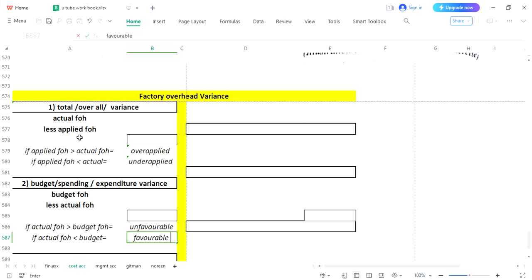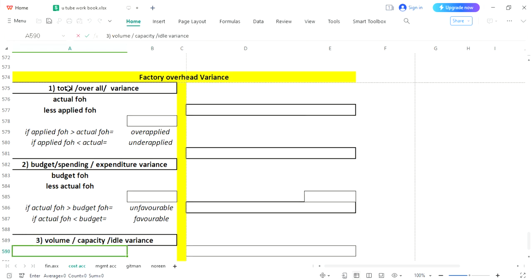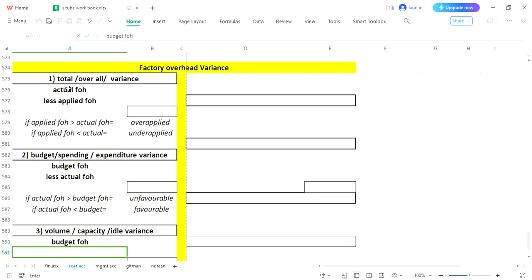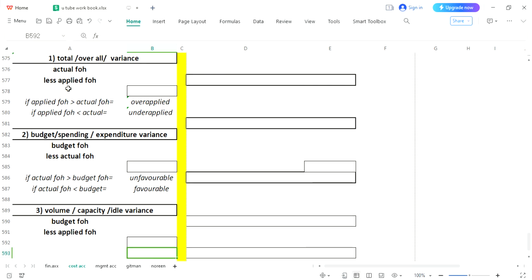The third variance which would be calculated is volume variance, or capacity or idle variance, which is a relationship between budget and applied. So first you will write budget FOH and then you will relate it with applied FOH. Finally, you will be calculating your variance over here, which would be the difference between budget and applied FOH.